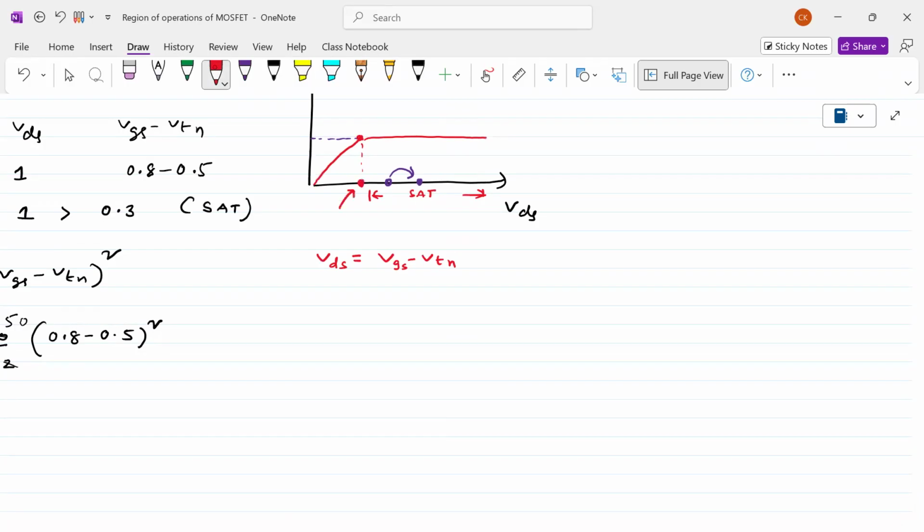What is this point all about? It is VGS minus Vtn. So when the VDS value is exactly equal to VGS minus Vtn, then it is at the edge of the saturation. It can go either to the saturation side or to the linear side. This is a very important point, right?